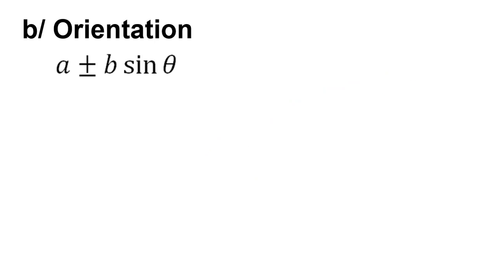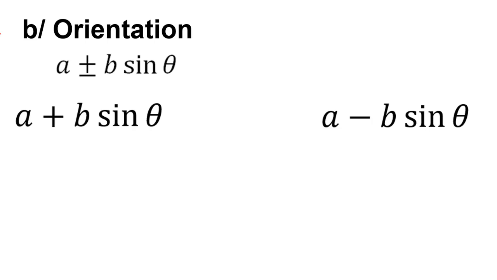When a plus minus b sine theta, it will have two situations: a plus b sine theta and a minus b sine theta. When you see the plus sign and sine theta, because sine theta is y-axis symmetry, and plus is positive, it must go up.